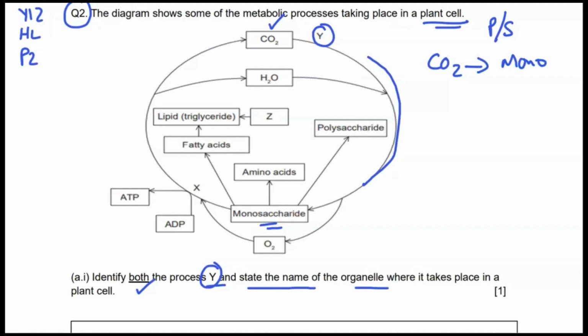So if you want to make carbon dioxide into a monosaccharide, this indeed, of course, is photosynthesis, and the location of that particular event is the chloroplast. So photosynthesis and the chloroplast will be the answers to our first question.